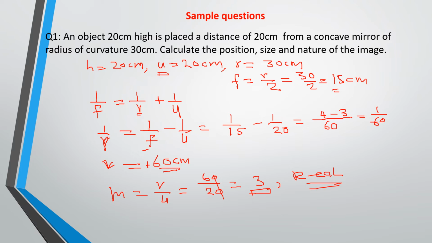I told you before that real images are formed by the actual intersection of the rays of light, while virtual images are formed by apparent intersection of the rays of light. So this is how to go about this type of problem. We have been able to find the image distance, the magnification, and the nature of the image to be real. Alright?